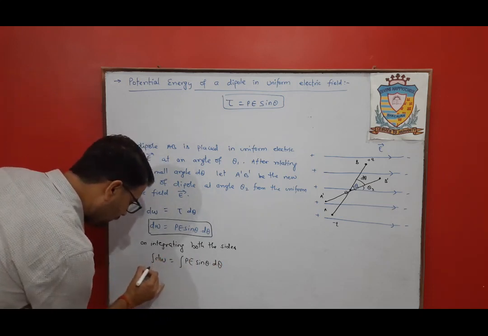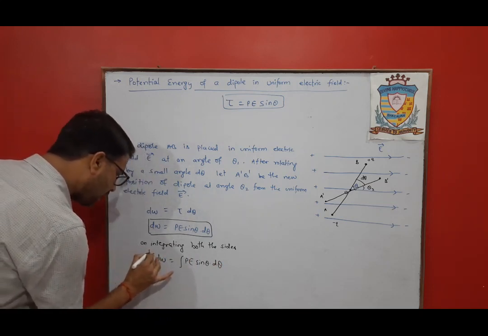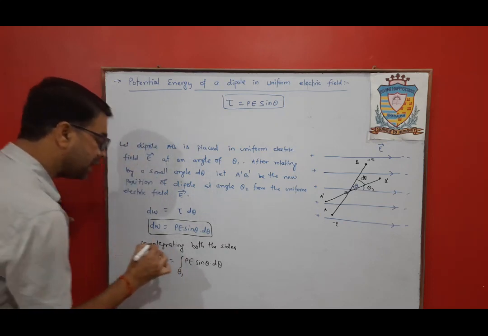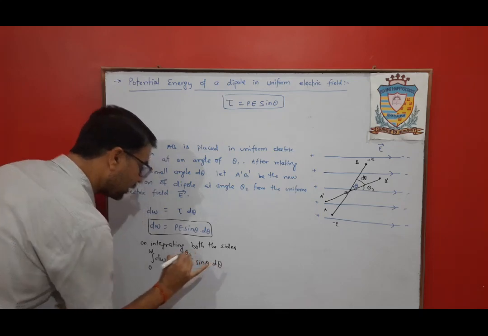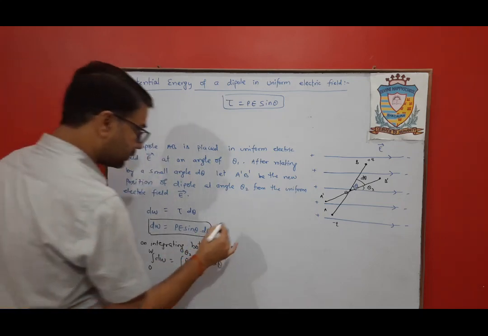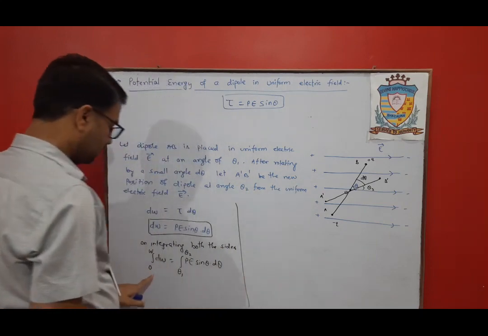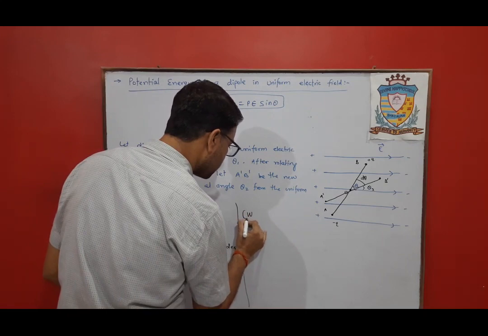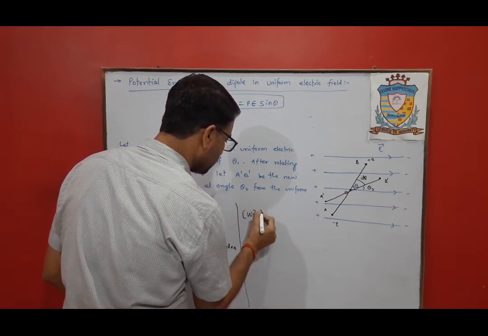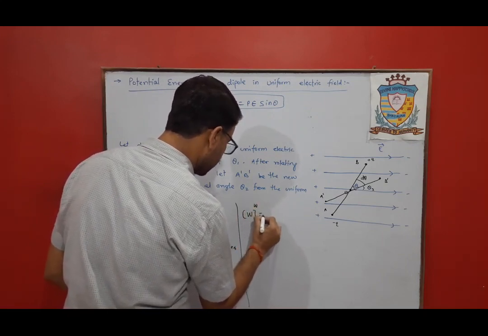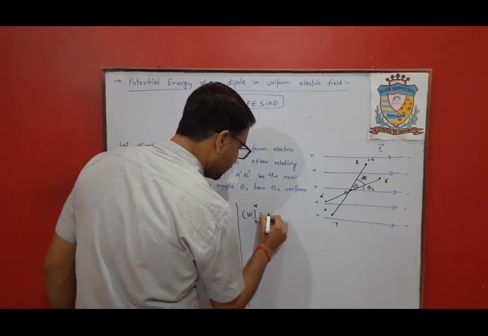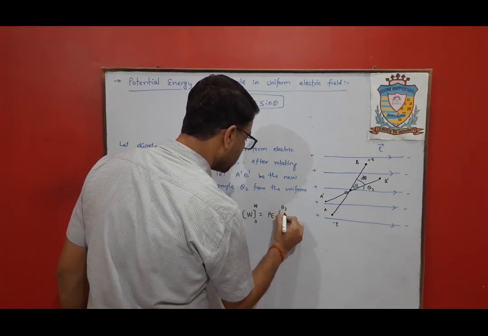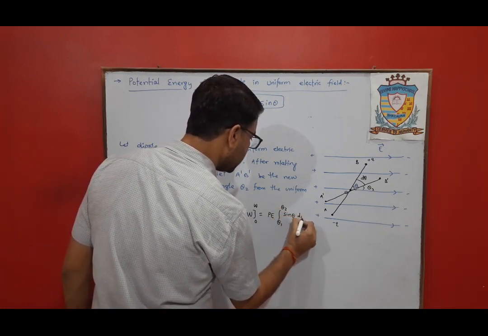Okay, from lower limit is 0 and upper limit is W. Here the initial limit or lower limit will be theta 1 and upper limit will be theta 2. Now this is equals to W, having lower limit 0 and upper limit W. P and E are constant, so here we have PE, the lower limit is theta 1, upper limit theta 2 and sin theta d theta.